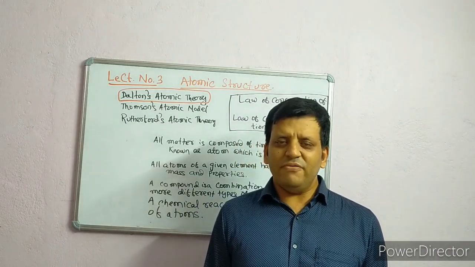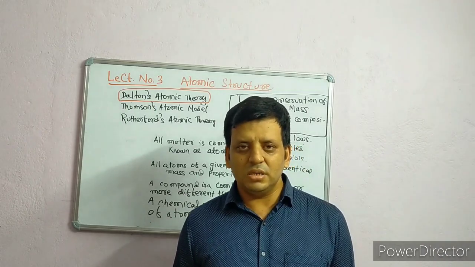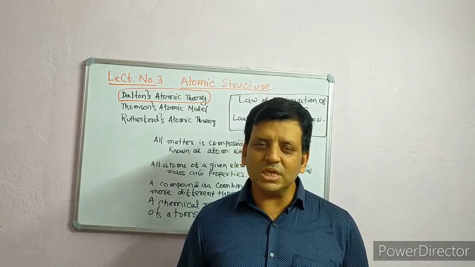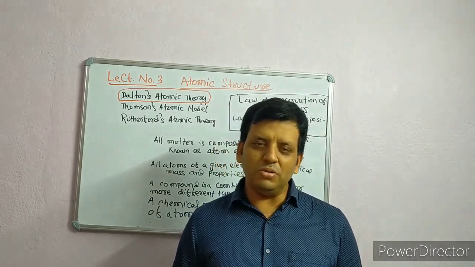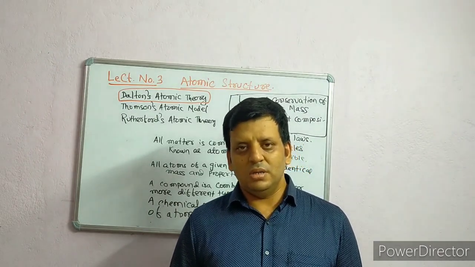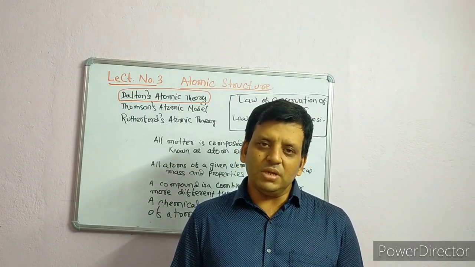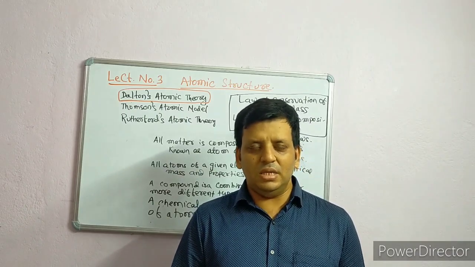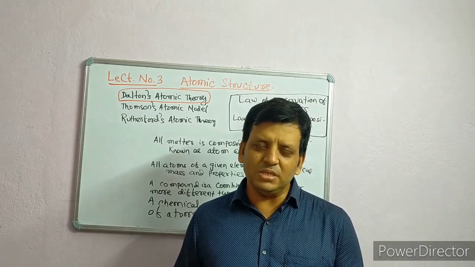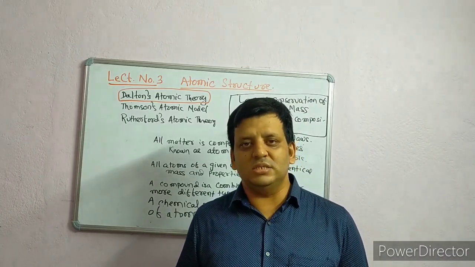Another example I can give: if we burn wood, it is converted into ash. For burning that wood, we require oxygen. If we are able to measure the mass of the oxygen and the mass of the wood before it is burned, we will find that the sum total of the mass of the wood and the oxygen is equal to the mass of the final products, that means the ashes, water vapors and carbon dioxide gas.